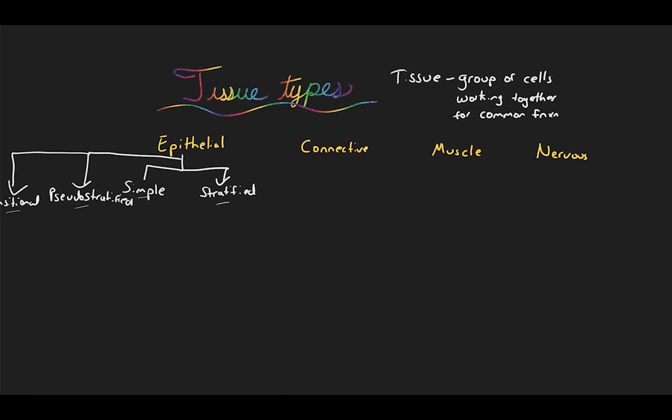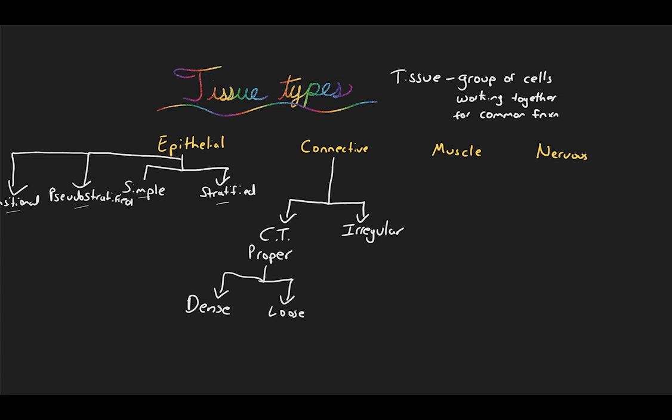Now, if we look at our connective tissues, connective tissue can be broken down into connective tissue proper, so we'll write CT proper, and then what we call irregular connective tissues. Our connective tissue proper can be broken down into dense connective tissues and loose connective tissues.